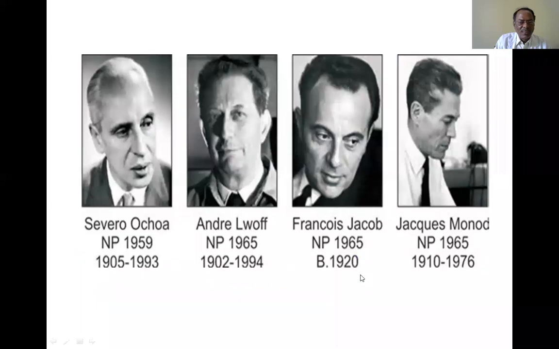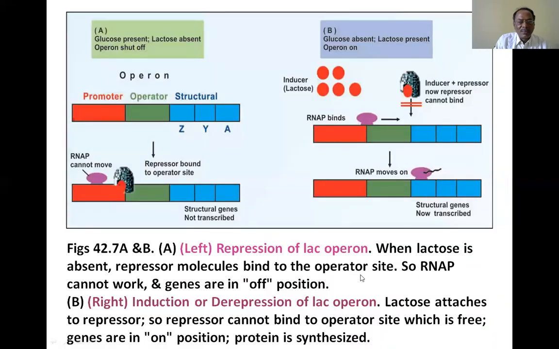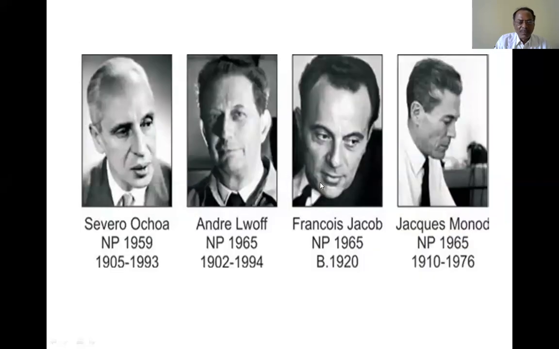And we have studied a model called the lactose operon model, the lac operon model. This was mainly discovered by Jacob and Monod, two scientists of French origin. Along with that, the contributions of Andrelov and Severo Ochoa are commendable.